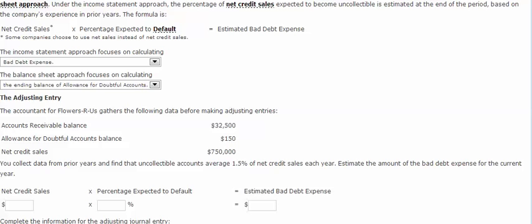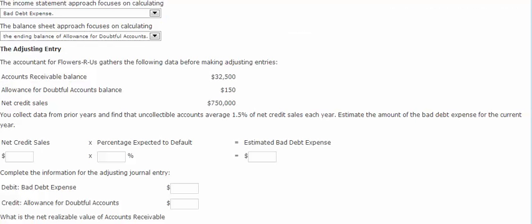So I'll take the sales here, that's 750,000 times 0.015, or sorry, 1.5%, and that equals 11,250.